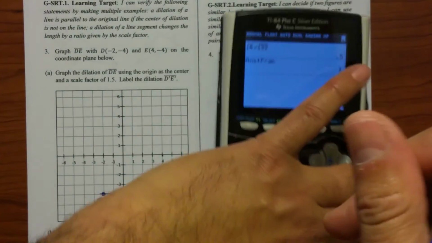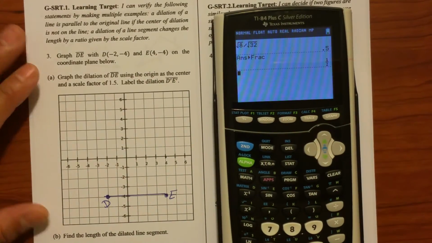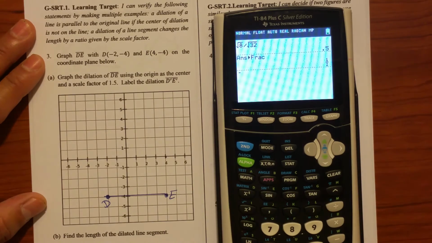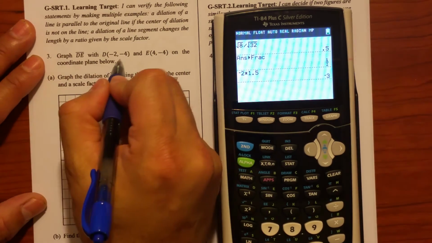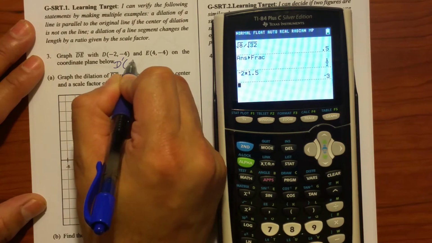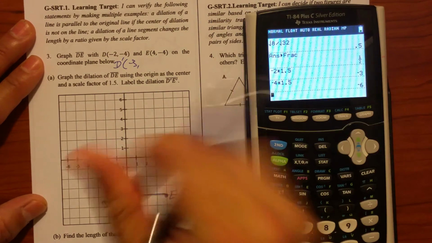So I'm going to pull out the handy dandy calculator because I know some people have some issues with this. So I'm going to show you how to do it. It's -2, so I'm going to say -2 times 1.5. It's going to give me -3. So D prime is -3. -4 times 1.5 is -6.